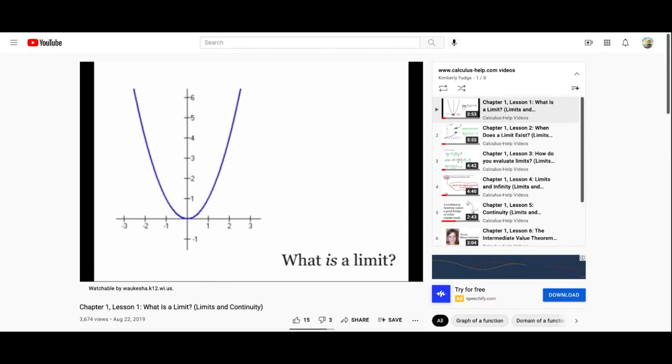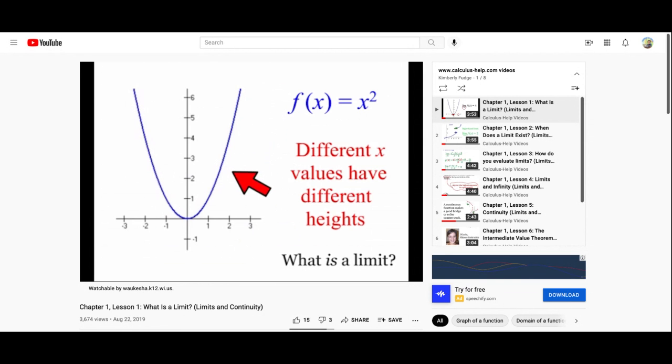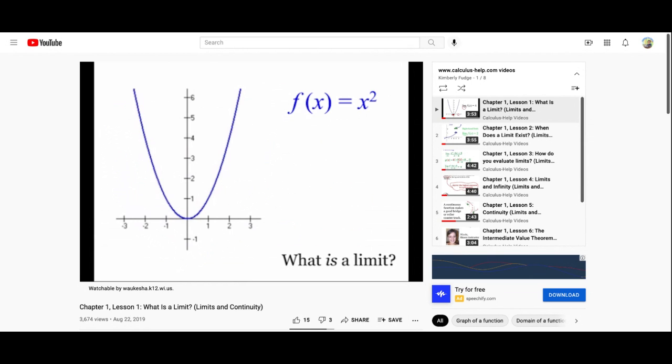Let's start by looking at a very simple function graph. What I have here is the function f of x equals x squared, basic parabola. You'll notice that the function changes heights all throughout its domain. That's a very fancy way of saying that the function reaches many different heights based on whatever the x value you're looking at happens to be. For example, what if I look at the function height that corresponds to x equals 2?